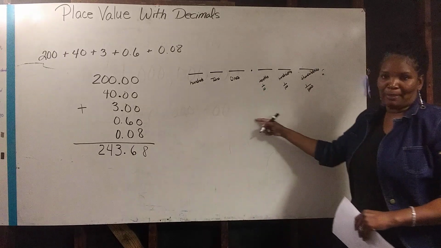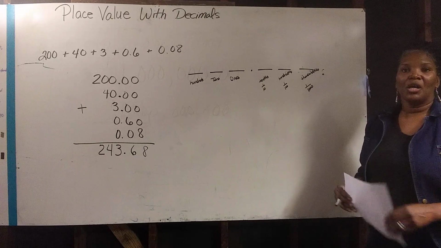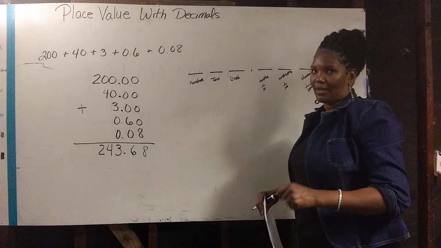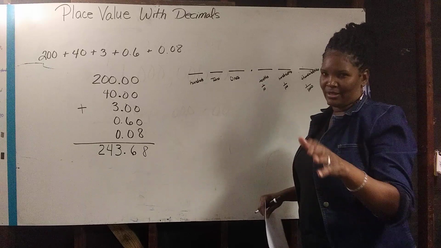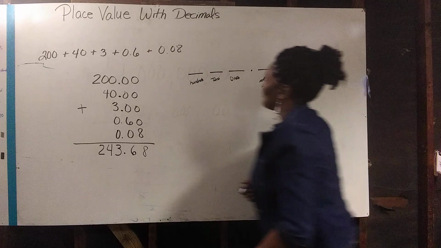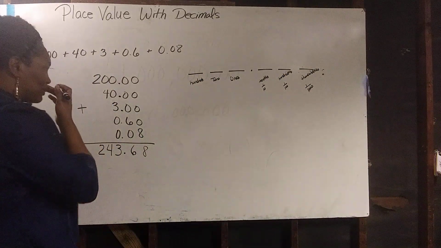Just think of the numbers behind the decimal, little numbers that make you spit on people because you're trying to say them. Don't be spitting on people. I'm just saying, when you're trying to say them, sometimes you may spit a little bit. Okay, so look.